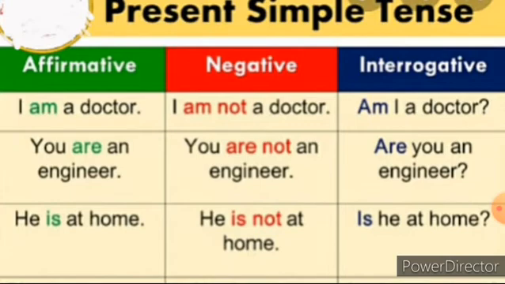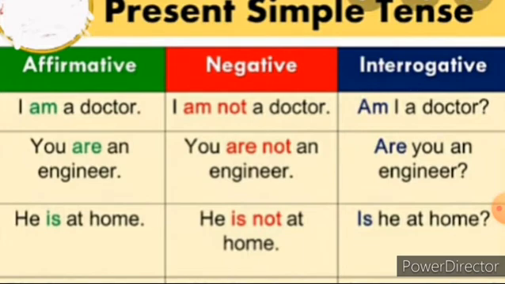I'm a doctor. Negative means the word you have to use is not, N-O-T. Not represents a negative. So, I'm a doctor. What is the negative form? I'm not a doctor. You have to insert this not next to the verb form. I am. What is the verb form here? Am. Next to the verb form you have to put the word not to make a negative sentence.